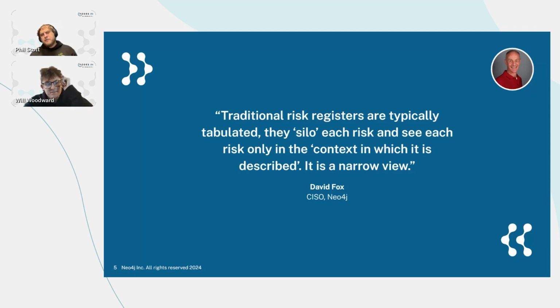So Dave provided this quote, which I think sums it up quite nicely: "Traditional risk registers are typically tabulated. They silo each risk and see each risk only in the context in which it is described. It's a narrow view."